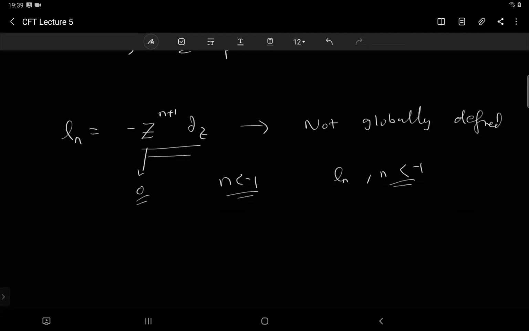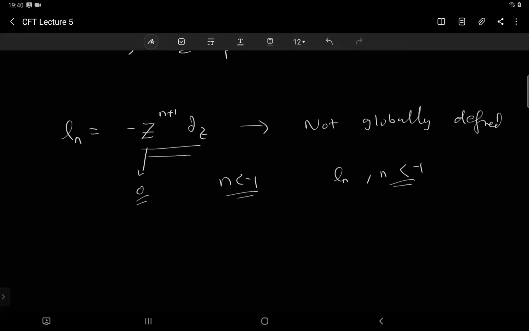Everywhere else it is well defined, but at z equal to 0 it's not well defined because it blows up, as you said.